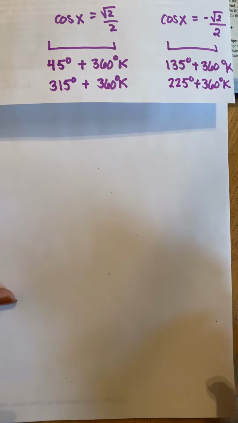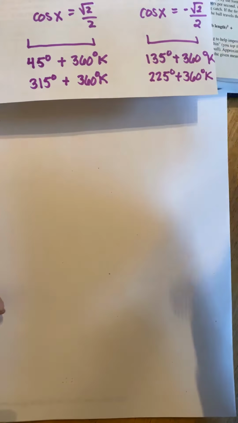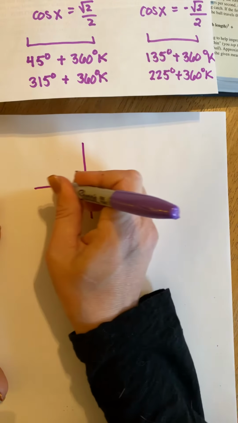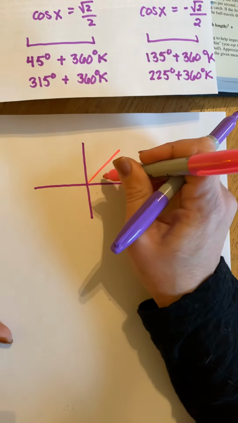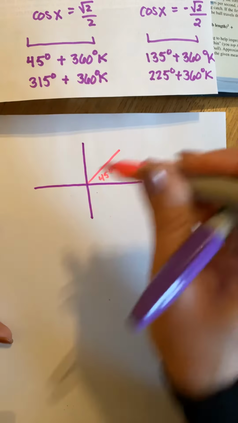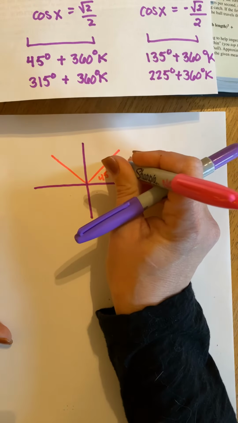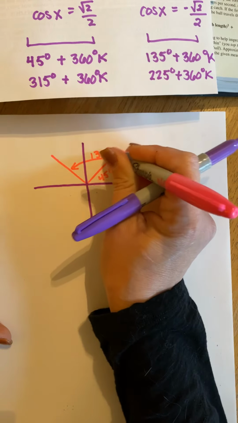I'm going to draw these 4 angles. Our first one is 45 degrees. Our next angle over here is going to be 135 degrees.